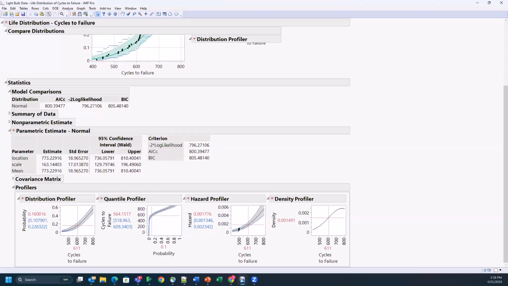It looks like as things get older, as they get more wear and tear on the light bulbs from these start-stops, for any given time, I'm going to be seeing more and more failures as I get further and further out. And then the density profiler is the shape of that density curve, which in this case, we've assumed to be a normal distribution. So there's our normal distribution.